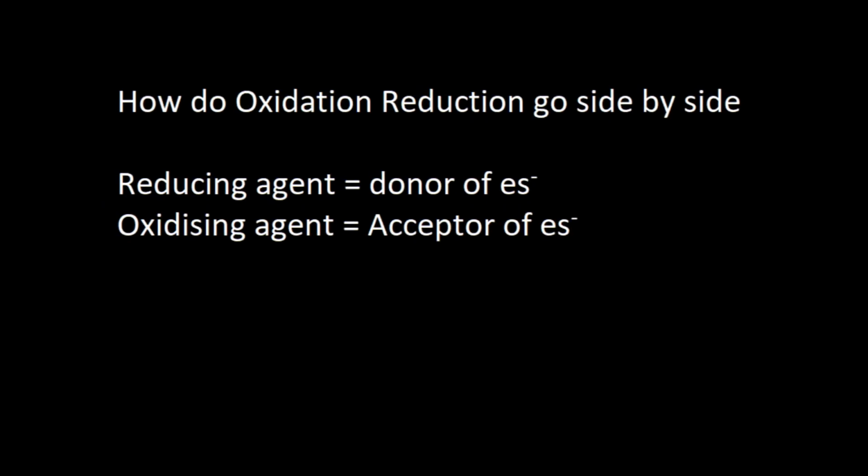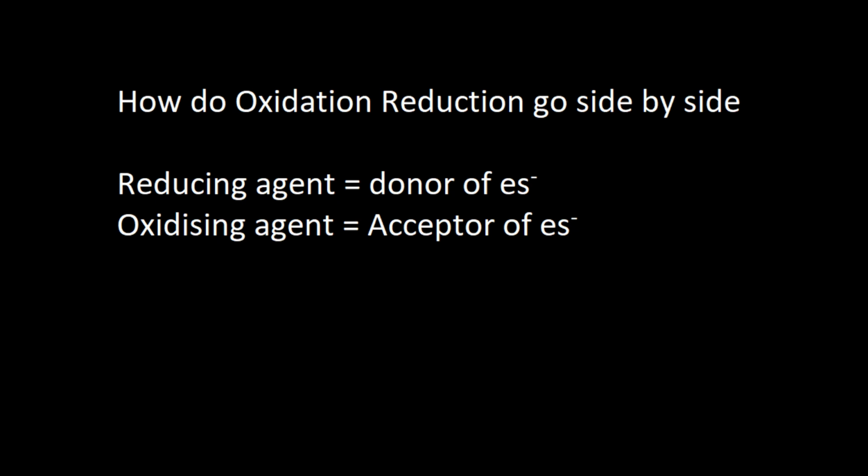Now I am going to compile my topic in the form of redox reaction. Means how do oxidation, reduction go side by side. Oxidation and reduction go side by side, which we call redox reaction, and it is completed in the form of oxidation half reaction and reduction half reaction.